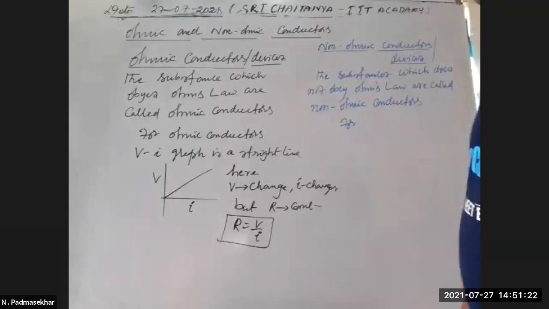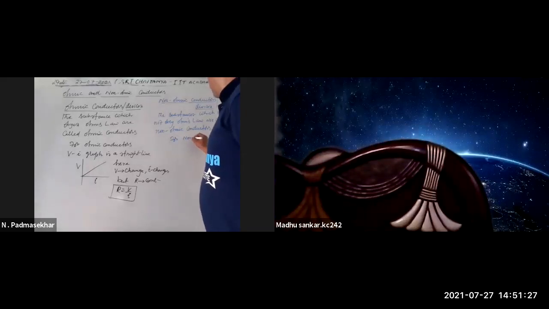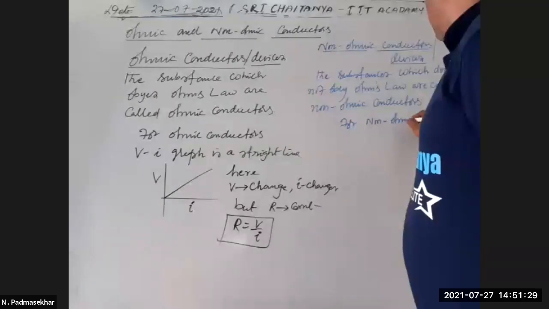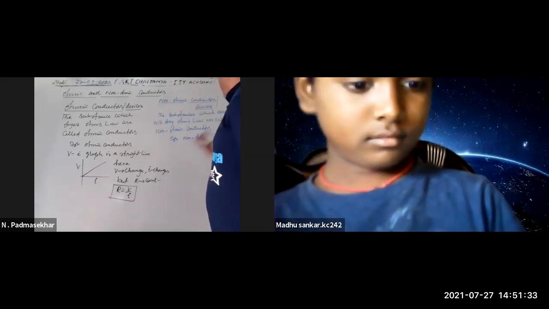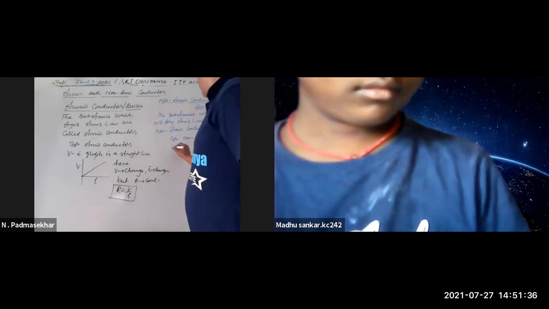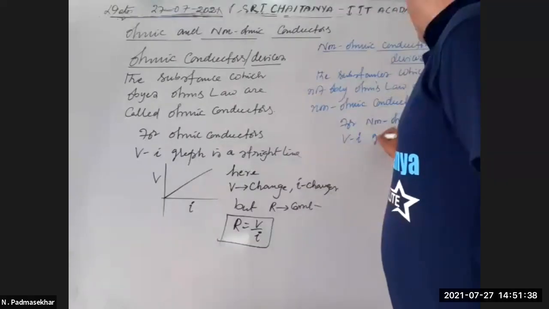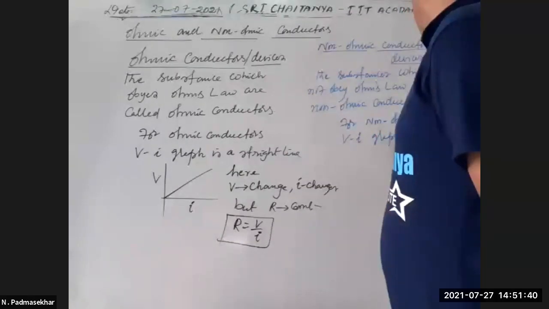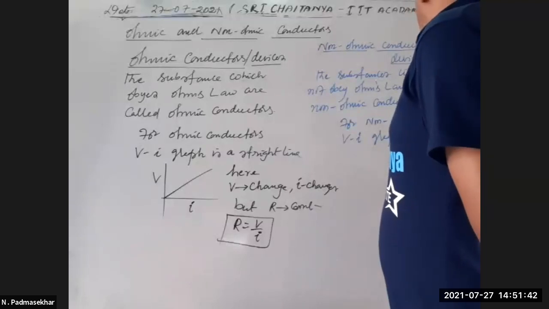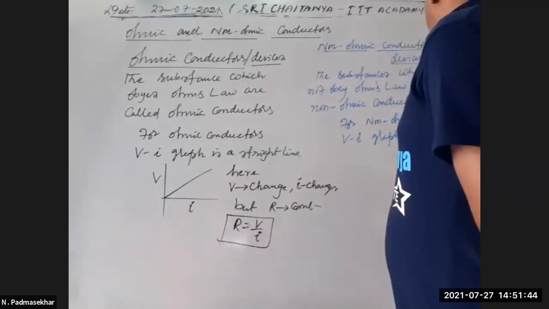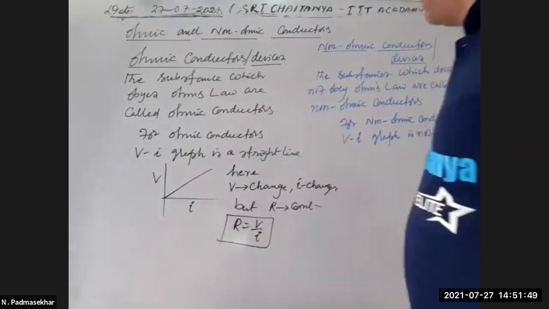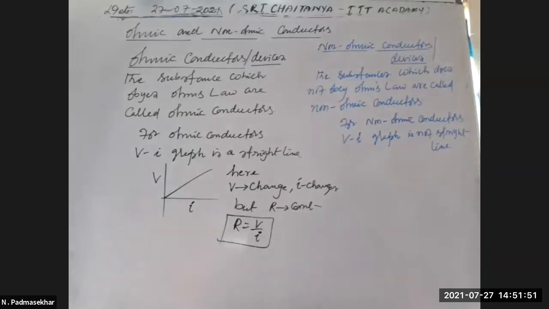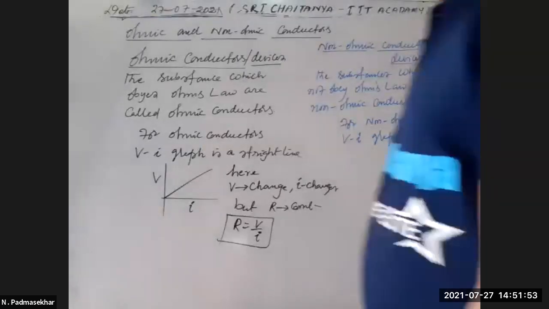For non-ohmic conductors, the VI graph is not a straight line.